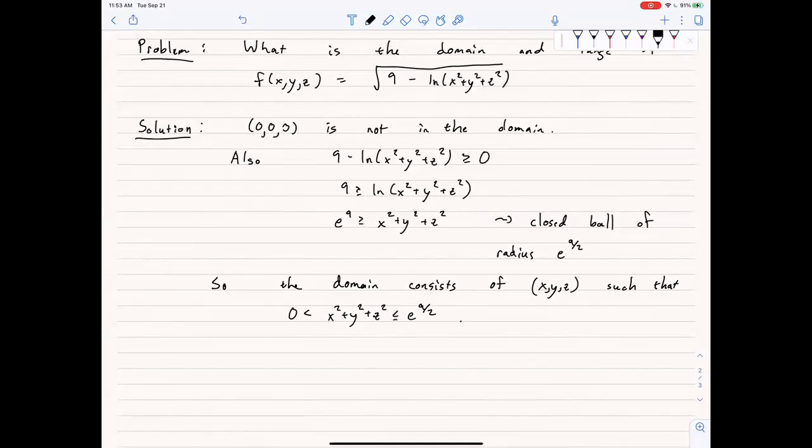If you were taking an exam and you had a problem like this, I think just writing this is probably okay. Again, I like seeing the language because it makes me understand that you understand what's going on. But that's what we're looking for, this inequality.